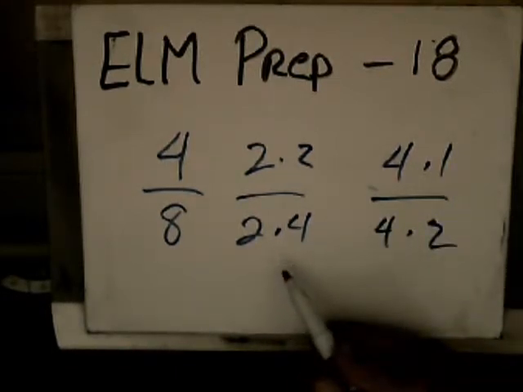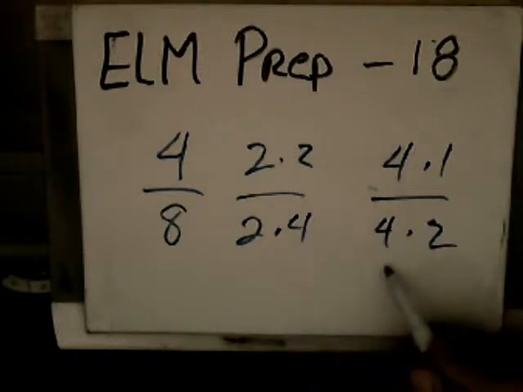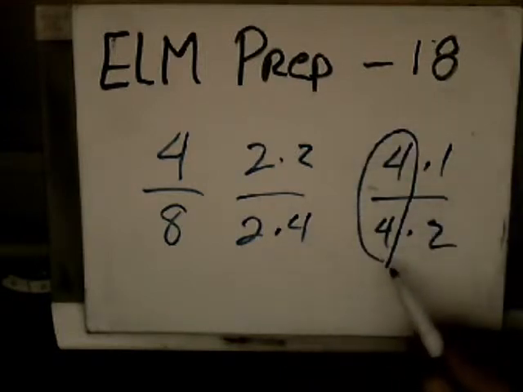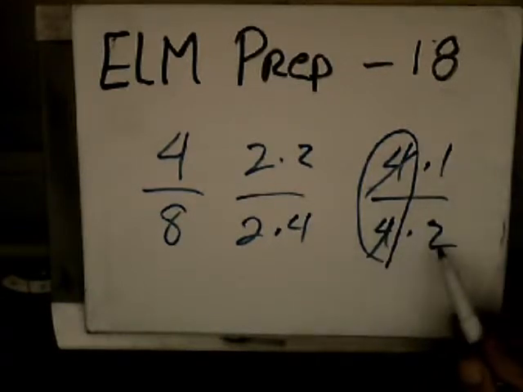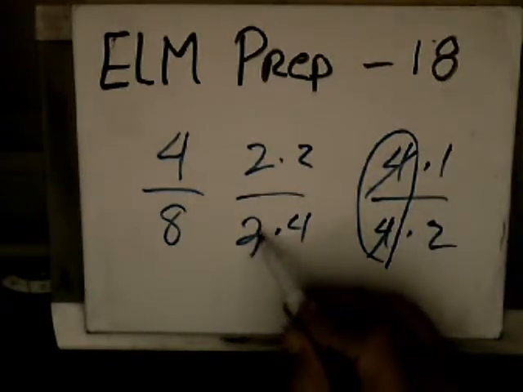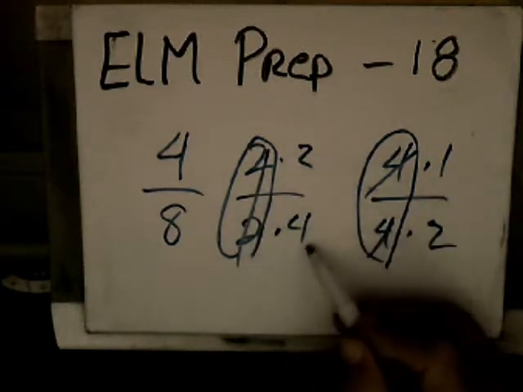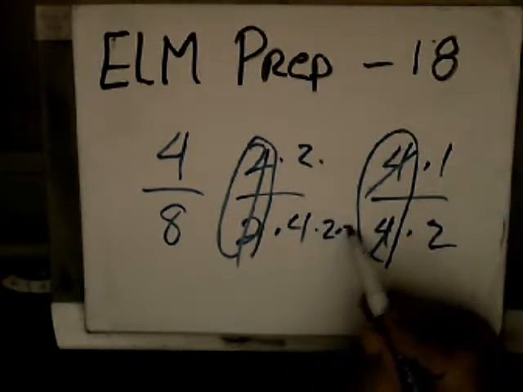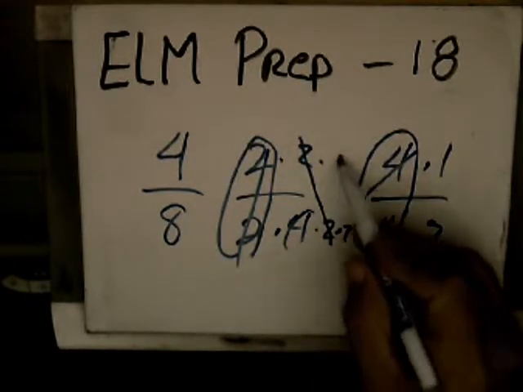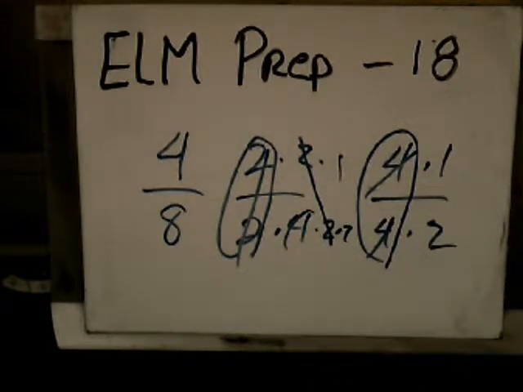This would be our best choice, where we had 4 and 4, and they cancel out, leaving me with 1 over 2. At this point, the 2's would cancel out. I would have 2 over 4, but I would see that this still factors down into 2 times 2, and so I would take another 2 out of that and end up with 1 over 2.